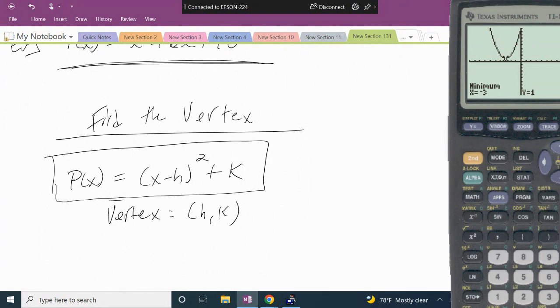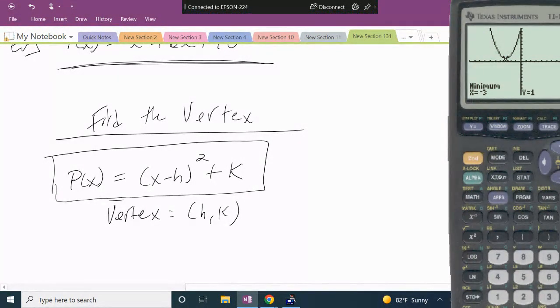You can find the vertex by using a calculator, you can find it using that formula we first talked about, or you can find it using this equation. This is the only way you can find the equation that they want, because in the problems they'll ask you for the equation written in this form, and then they'll ask you for the vertex.